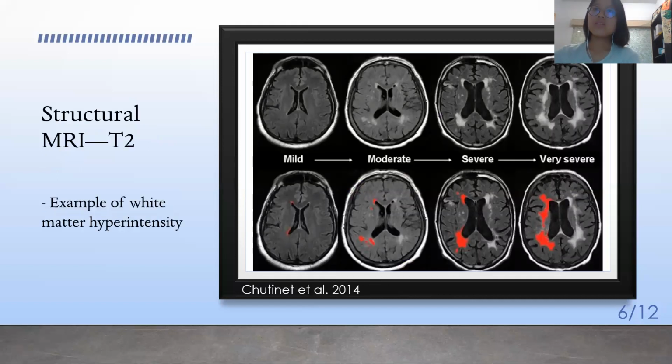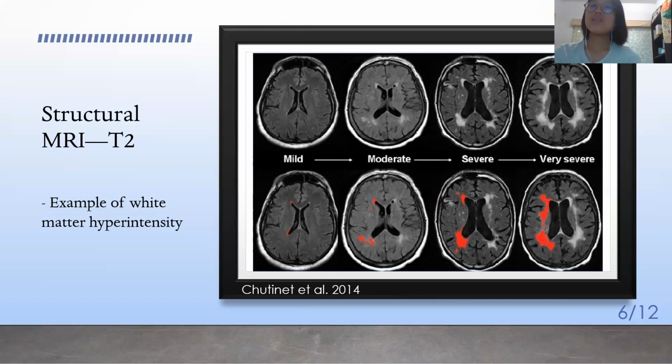The first method I would like to talk about is structural MRI. The full name of MRI is magnetic resonance imaging. The main concept of MRI is that the radio frequency signal can alter the energy state of protons, whose angular momentum is polarized in a magnetic field.